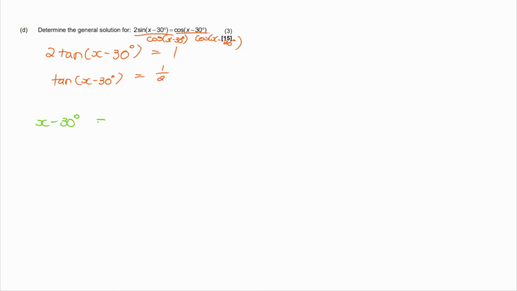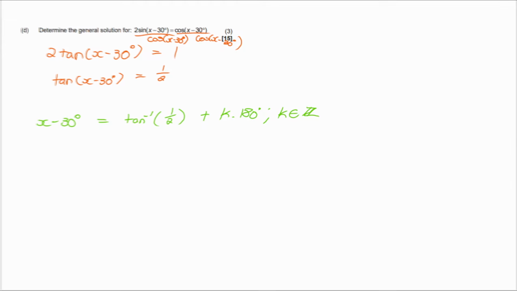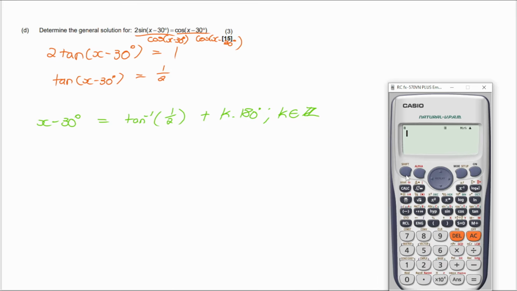So our angle is equal to tan minus 1 of a half plus k 180, k is an element of integers. Okay, so what we do now is I can do tan minus 1 of a half. That gives me 26,56, and then this 30 is going to go across to the other side, so I can just add this to that.